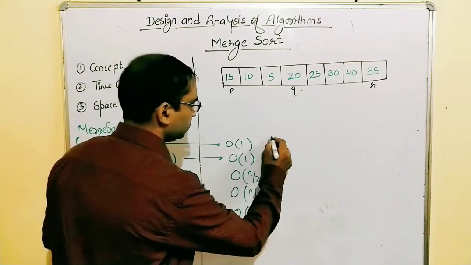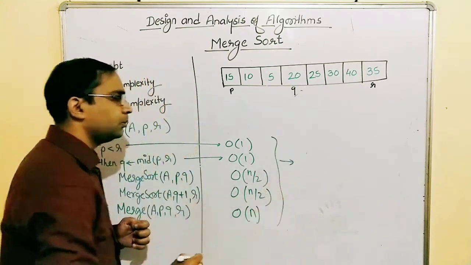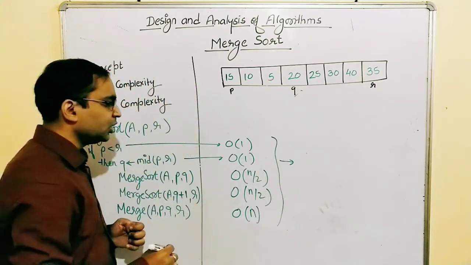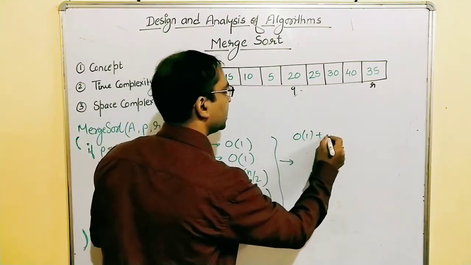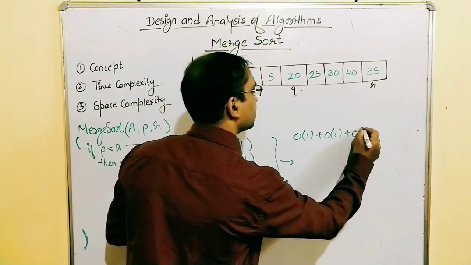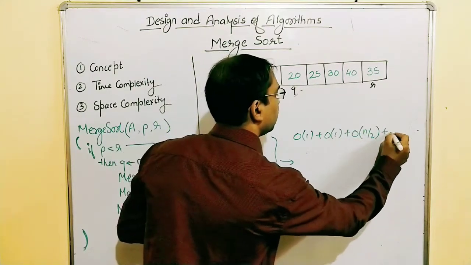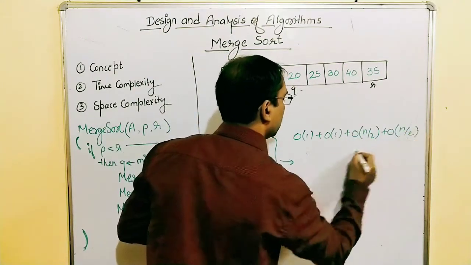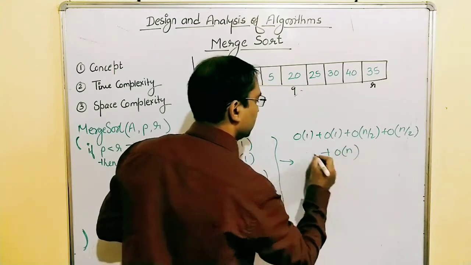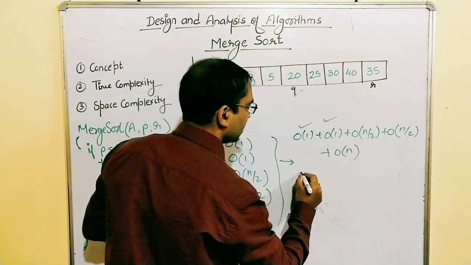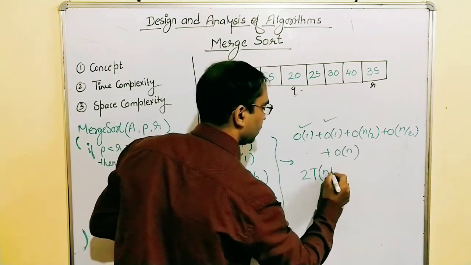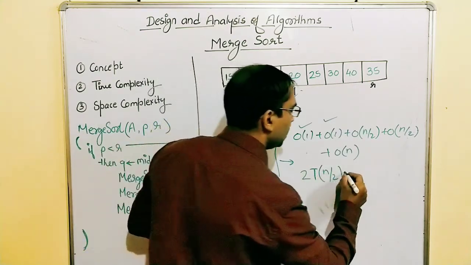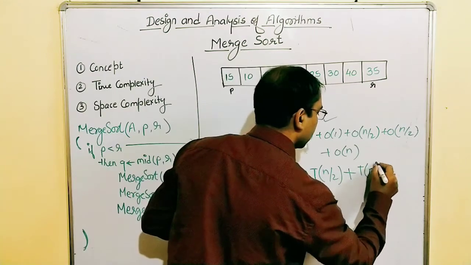So now if we combine this and form a recurrence relation, this will be order of 1 plus order of 1 plus order of n upon 2 plus order of n upon 2 plus order of n. So ignoring the constant values, we have, let me write it as a function T, twice T of n upon 2 plus T of n.